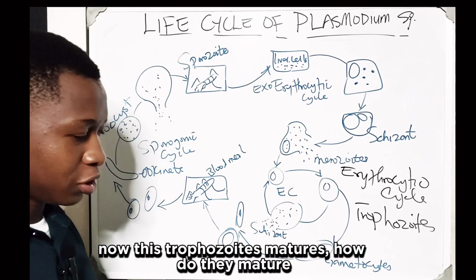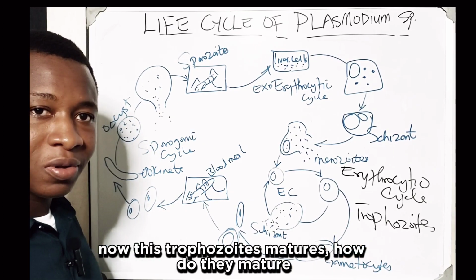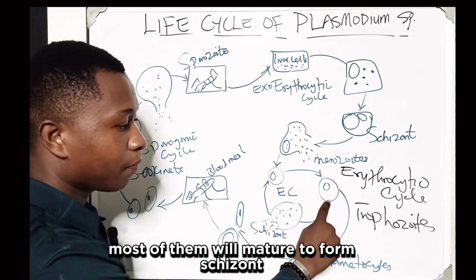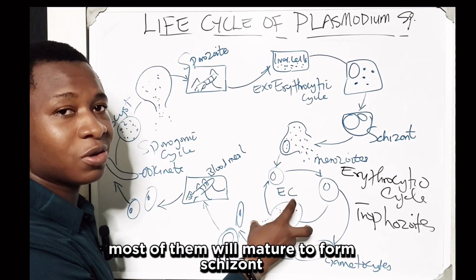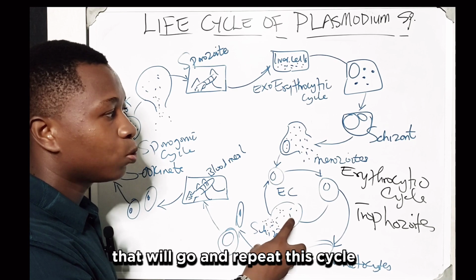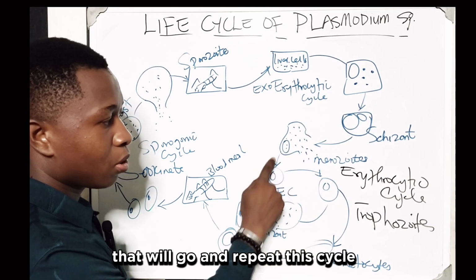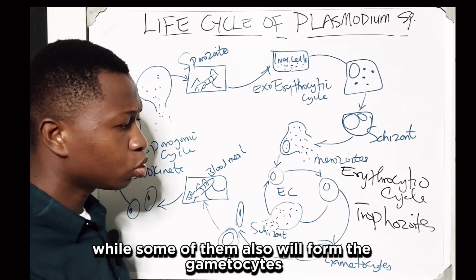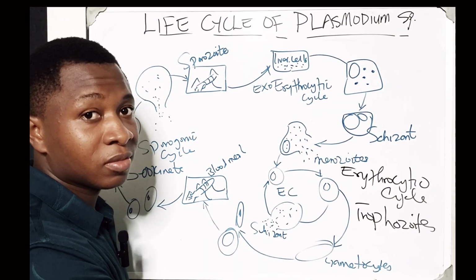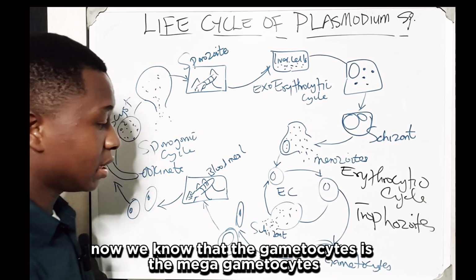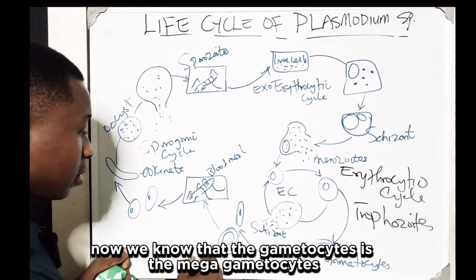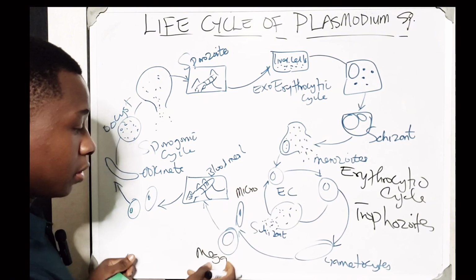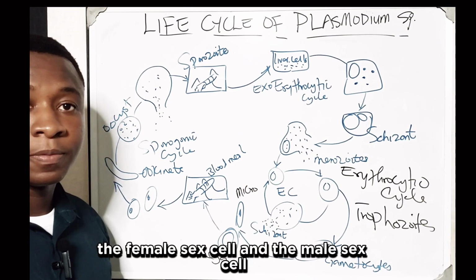Now these trophozoites mature in two ways. Most of them will mature to form schizonts that will repeat this cycle by bursting and releasing the merozoites, while some of them will form gametocytes, the macrogametocyte and the microgametocyte, the female sex cell and the male sex cell.